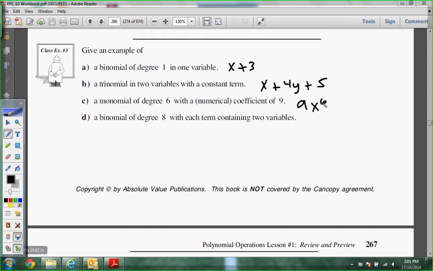Again, these are examples. You could do tons of things. Okay, the last one here, a binomial of degree 8 with each term containing 2 variables. So I could do a couple of things. I'll do kind of easy, x to the 4th, y to the 4th, there's my 8, and then minus 2xy. Oh, sorry, did they say binomial?